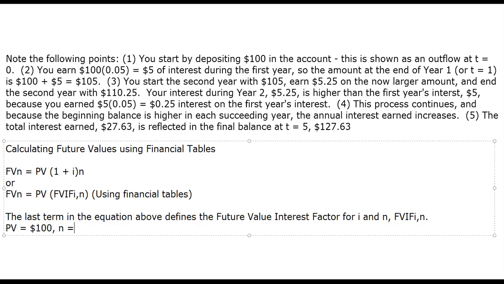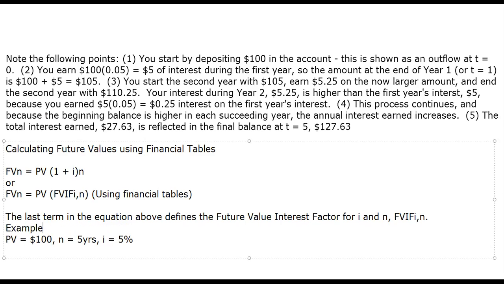N equal 5 years, and I equal what? 5%, right? So use these to calculate this. Therefore, this is the example.